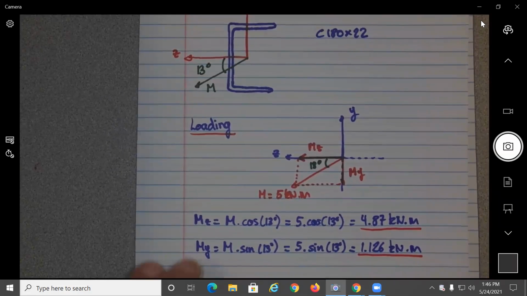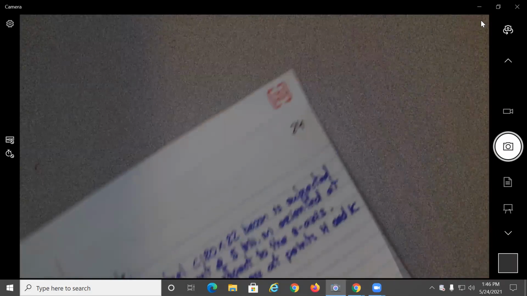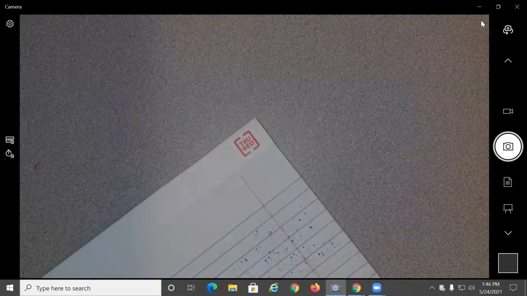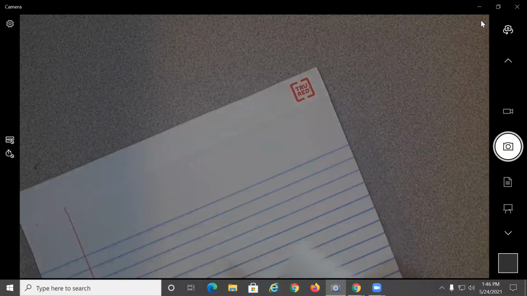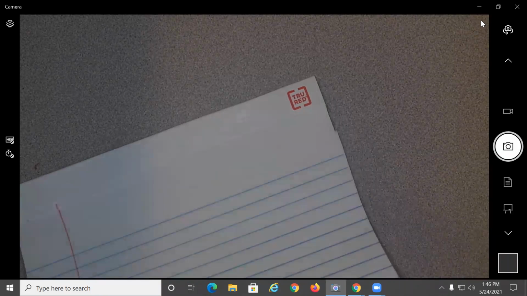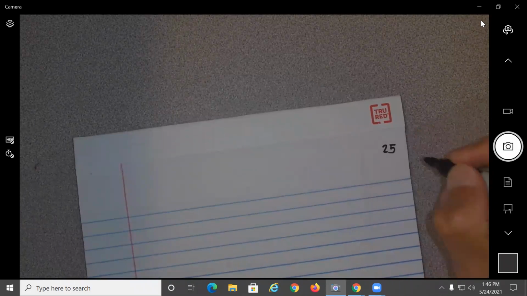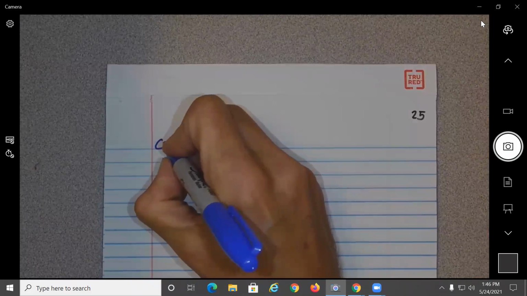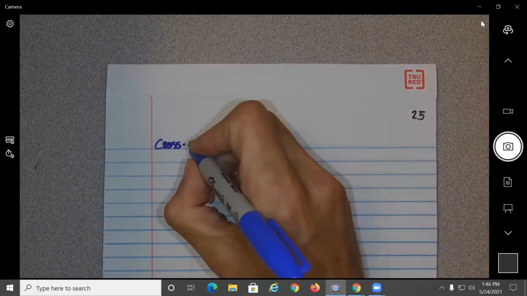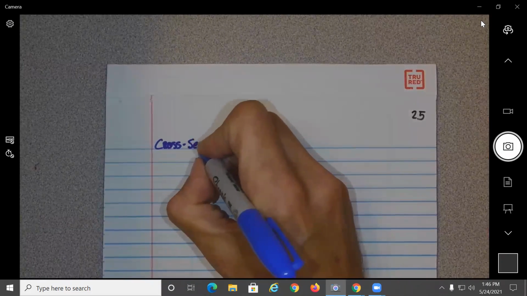All right, so now we're going to go to the cross section. So for the cross sections, we're going to look at the geometrical properties.